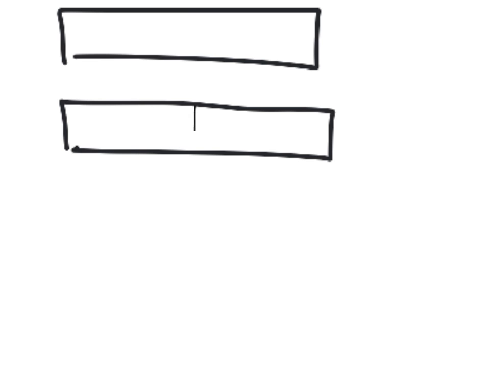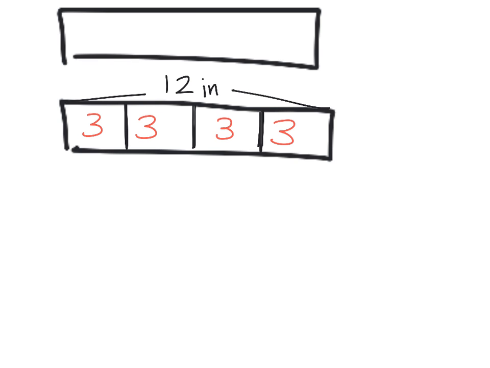So what that means is we're going to end up taking a foot, which is 12 inches, and cutting it into 4 equal-sized pieces. Well, that means each quarter is 3 inches.